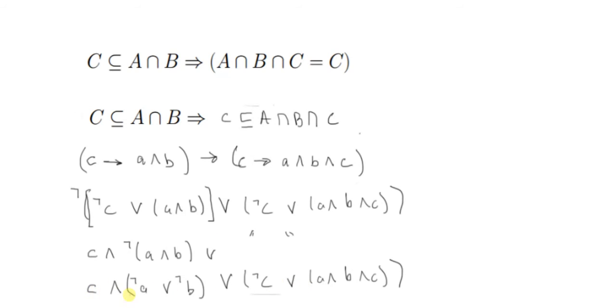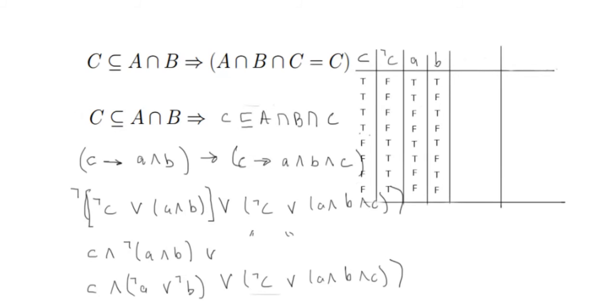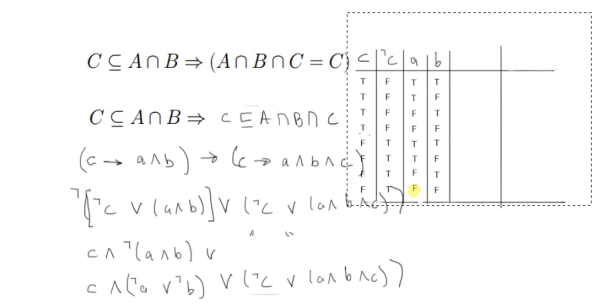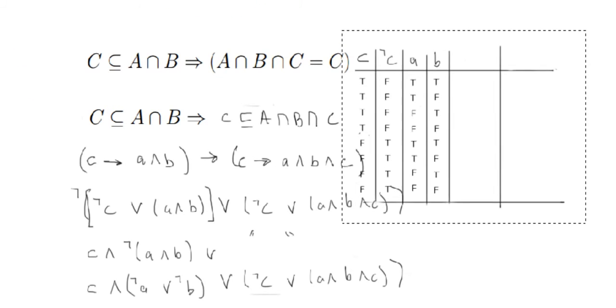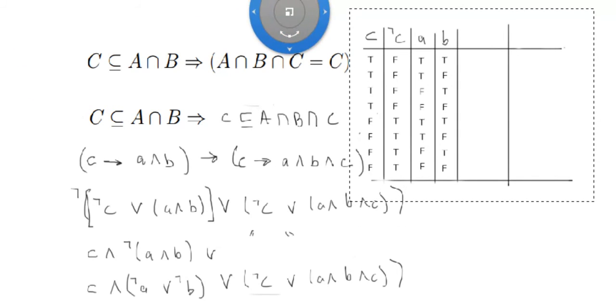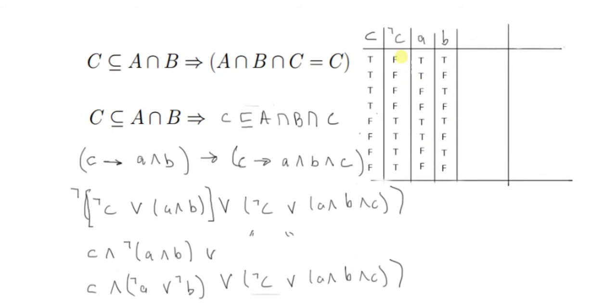And from this point, we can go ahead and make a truth table. And I've kind of set one up a little bit beforehand. So let's look at this and we'll talk about this right now. Alright, so we have C and then not C. I put that in here because I know it's going to be useful in a second.